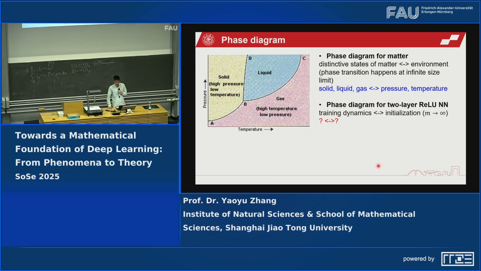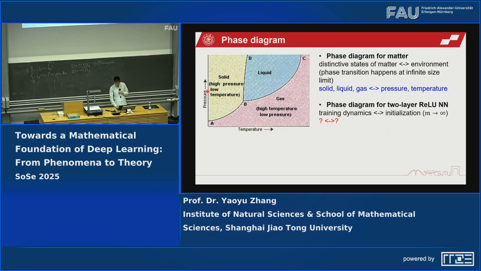Okay, so later I will show you a phase diagram, but just to give you a little sense about what a phase diagram is. For example, consider the phase diagram for water, for ice, for this kind of transition. In this phase diagram, you may know that the x-axis is the temperature and the y-axis is the pressure, right?